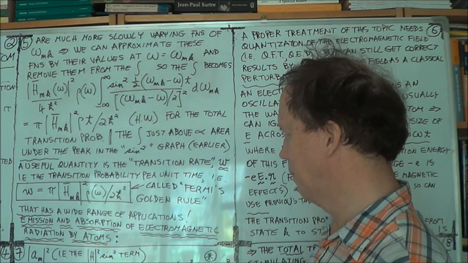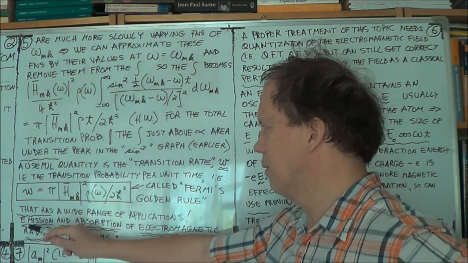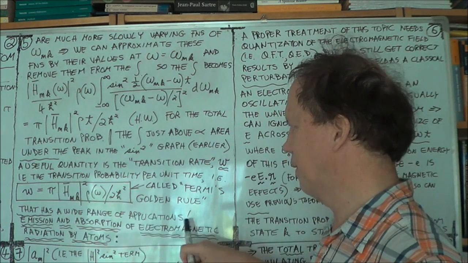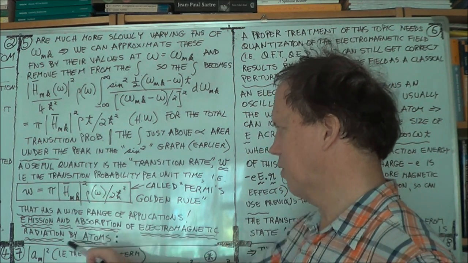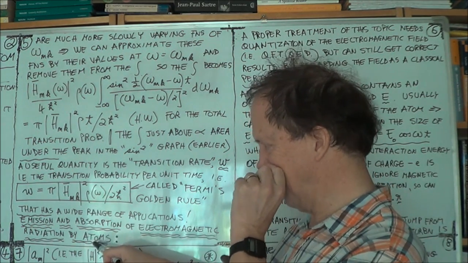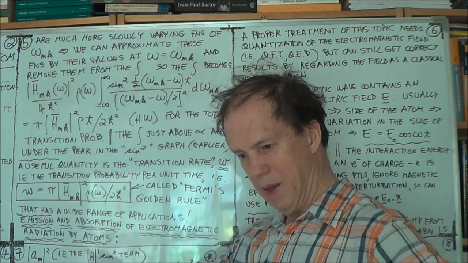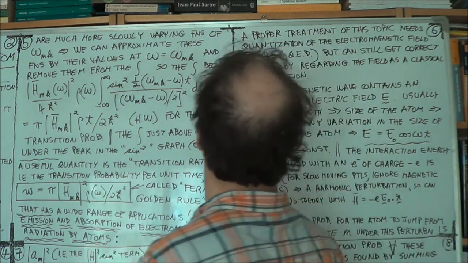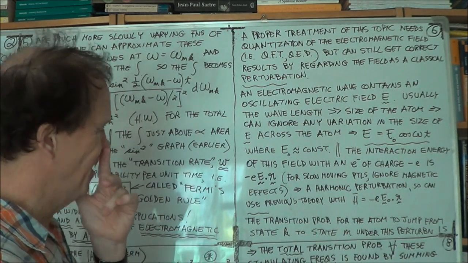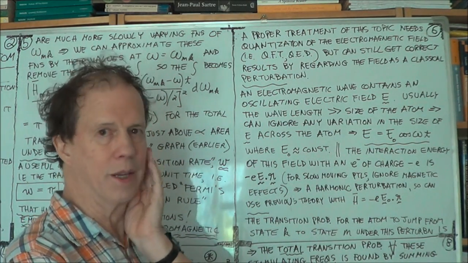is emitting and absorbing electromagnetic radiation by atoms. So your atom is emitting and absorbing electromagnetic waves. That's the next topic. Now, to do that properly in real detail, you can't do that at undergrad level.